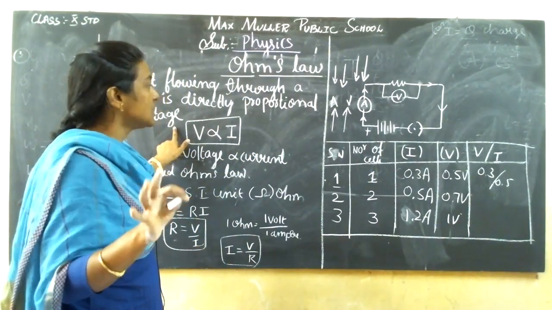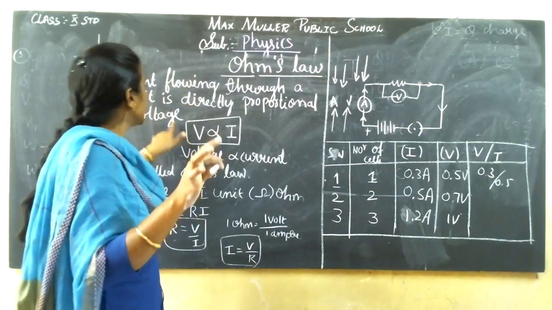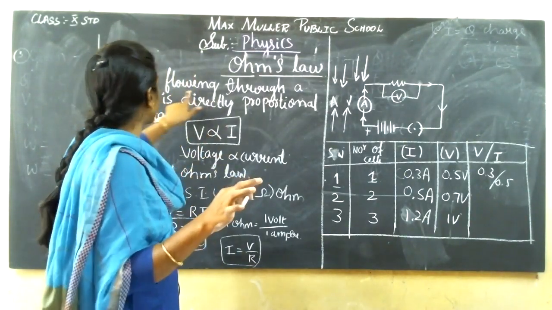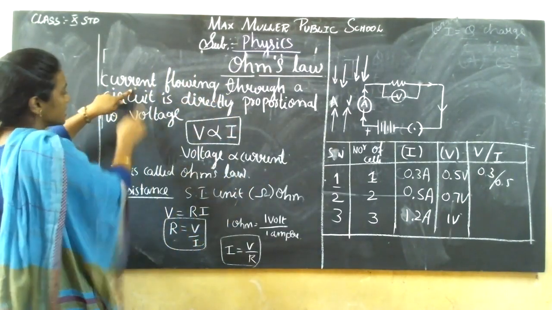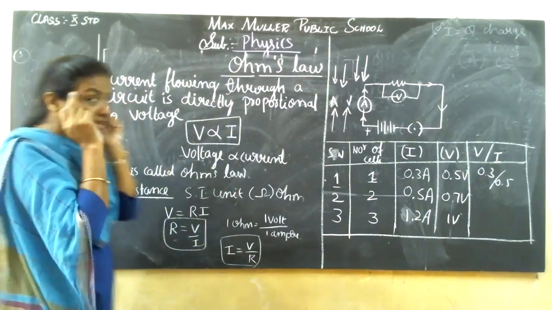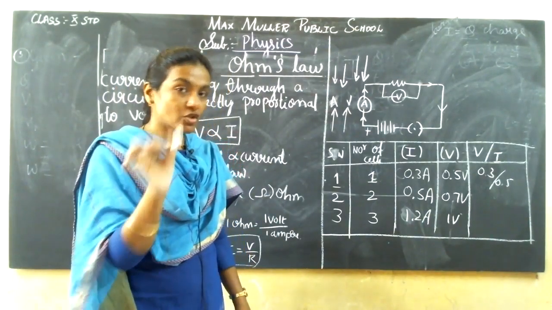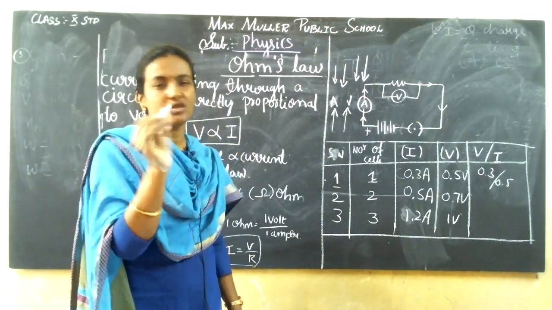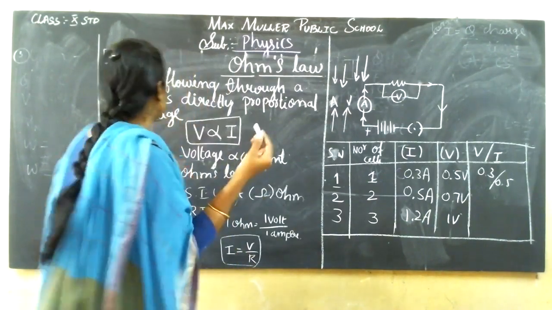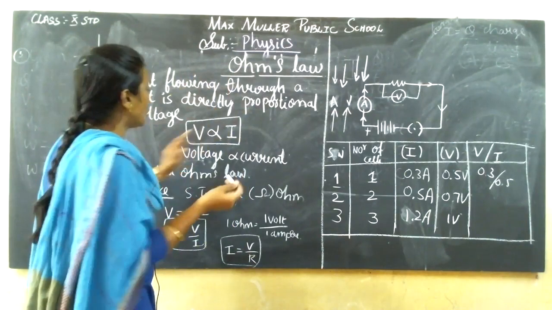Don't get confused. Students have a tendency to make the mistake of writing voltage where current should be, and current where voltage should be. Keep it in your mind: the last word in the statement will be voltage. First will be current, because first current flows, then only voltage. Current flowing through a circuit is directly proportional to voltage.